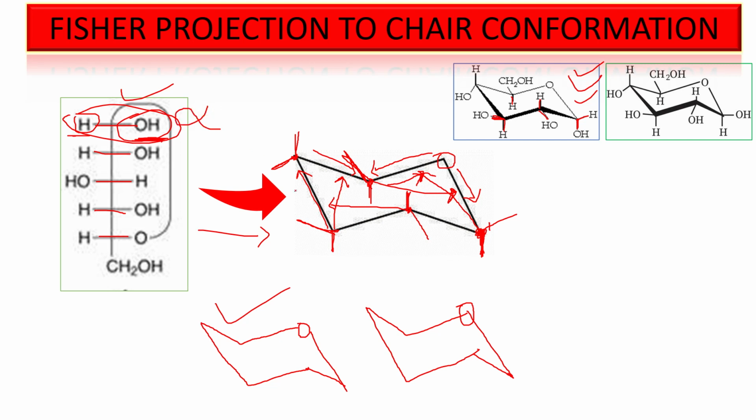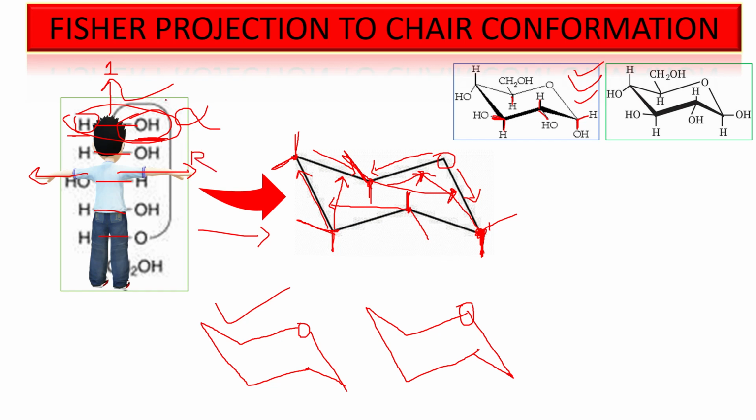Now to draw this structure we have to imagine a man with his head towards the first carbon and his hands extended this way. His right hand is the same as this structure, where the OH group is present on the right, and his left hand is on the left of this structure.